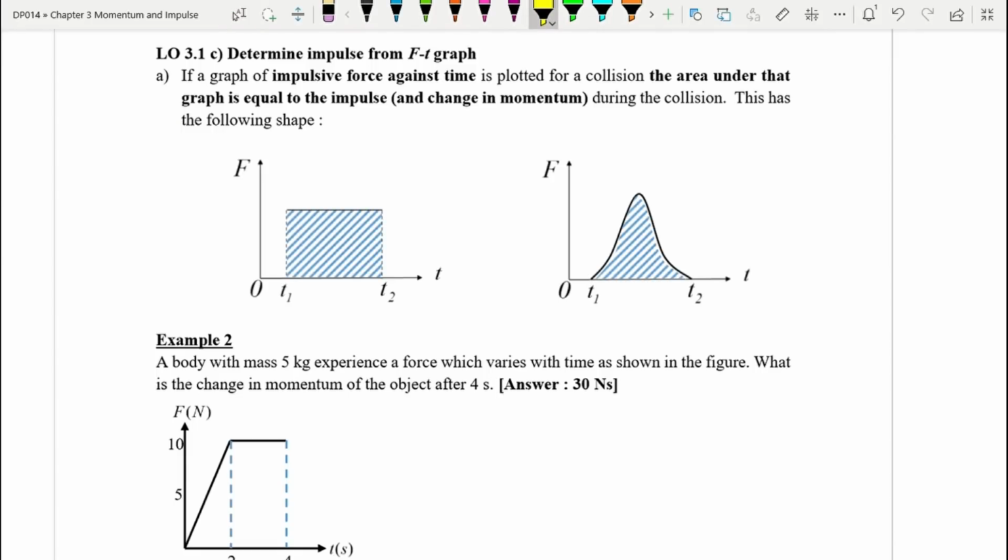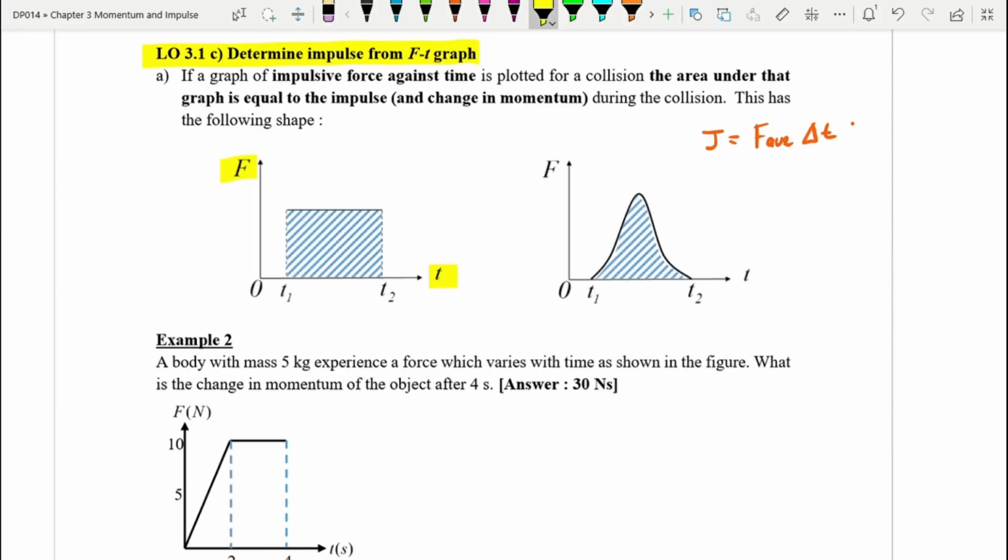Our next learning outcome is 3.1c: determine the impulse from an F-T graph. If we plot a graph of force against time, we can find the magnitude of the impulse. We know the definition of impulse is J equals F average times delta T. So if we have a graph of F against T, we can simply calculate the impulse by calculating the area under the graph.